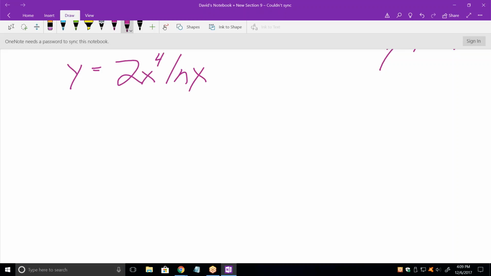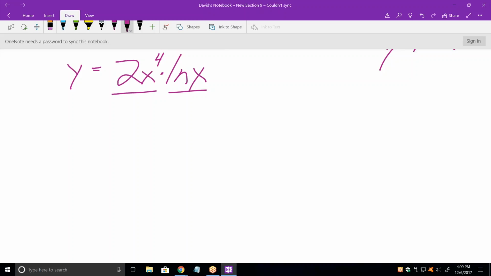Power rule and chain rule. Just the product rule. There's a multiplication taking place there. And because you're multiplying a polynomial by a log function, you can't do any algebra. That's as simplified as it gets.